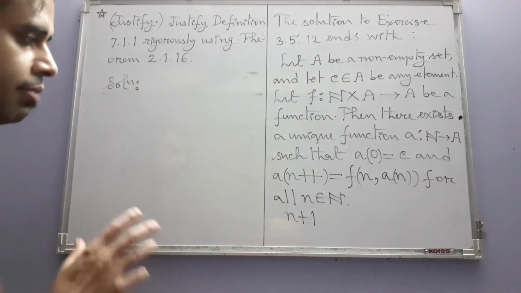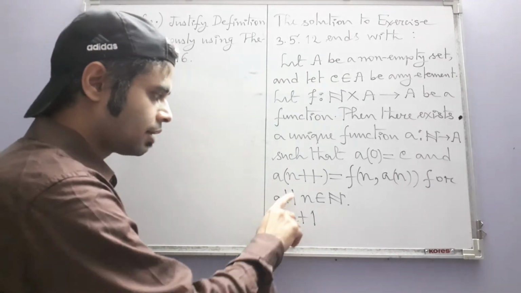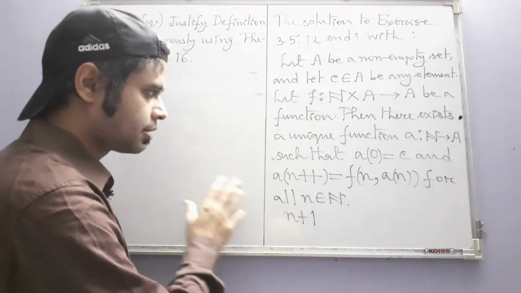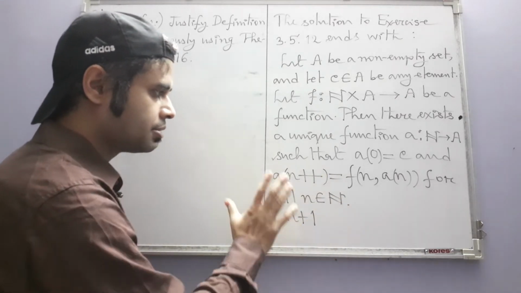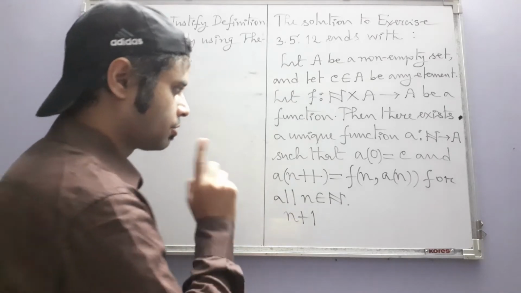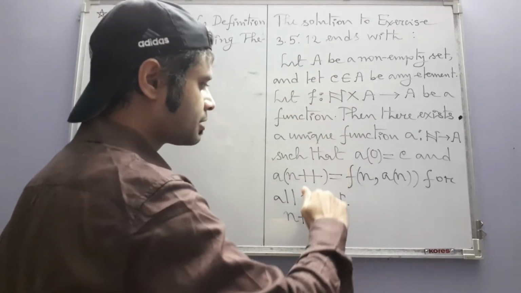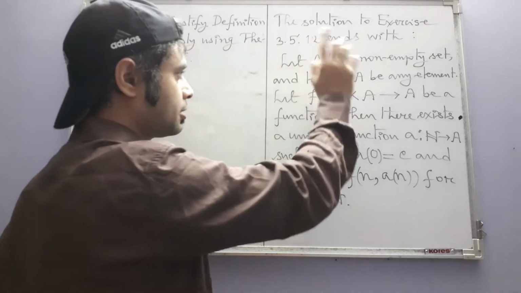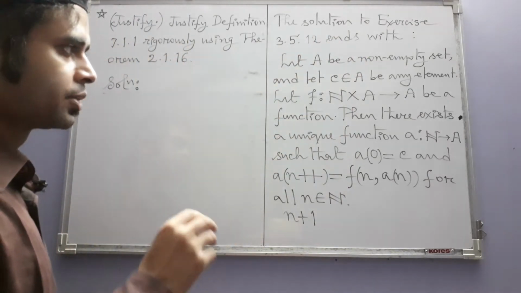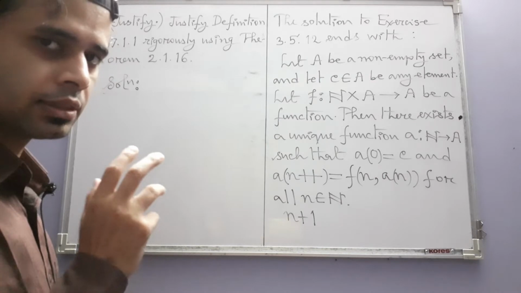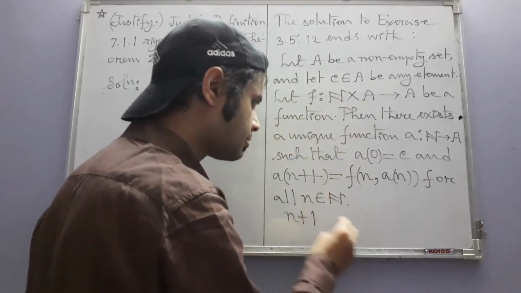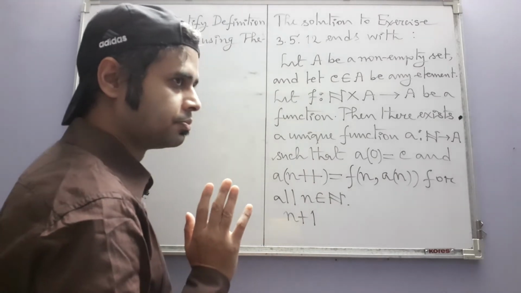Now that we have addition and everything, if you want you can just simply write n plus 1 at that stage when we were proving this thing. Now this statement was simply mentioned at the end of the solution to this exercise. However, whatever we went through in that solution made it clear that this general statement is also true.